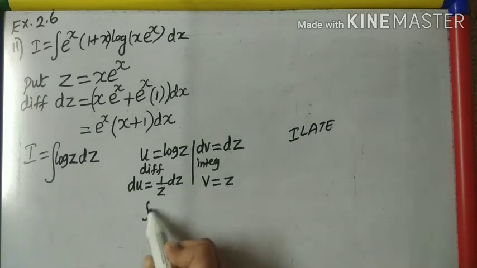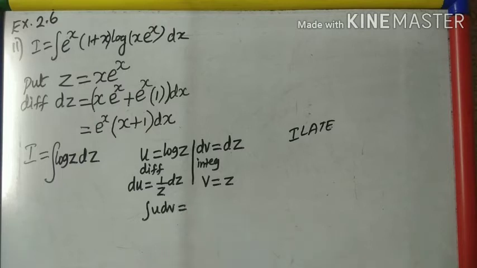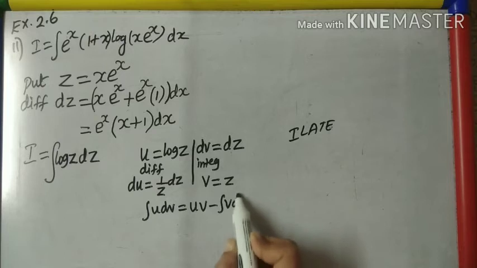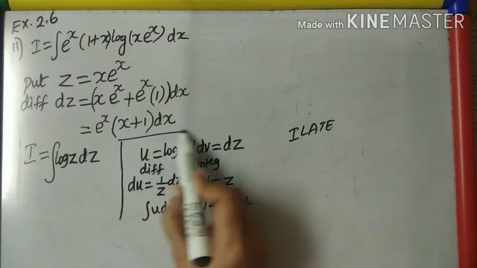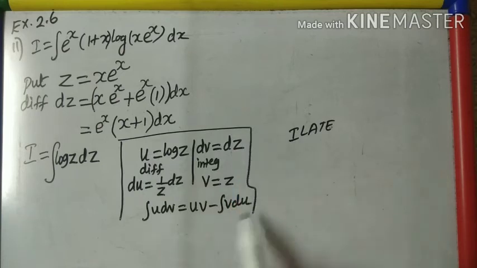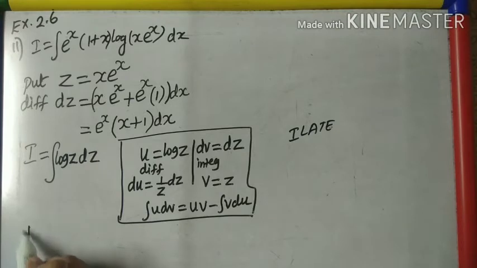Now what is the formula actually? Integral u dv equals uv minus integral v du. So this is integration by parts whenever logarithm comes in the question. Now putting it back in the problem, I equals uv.